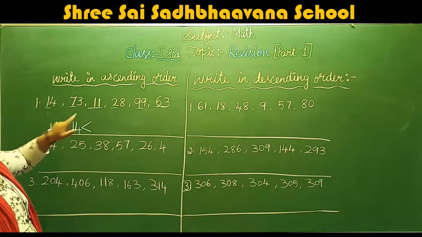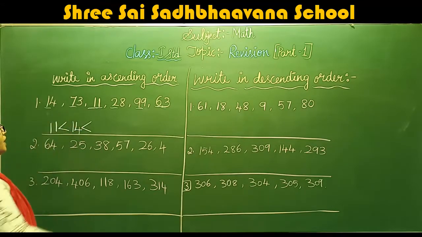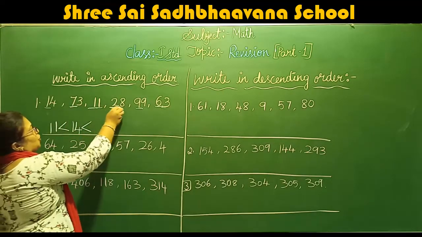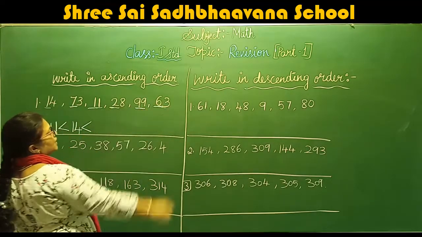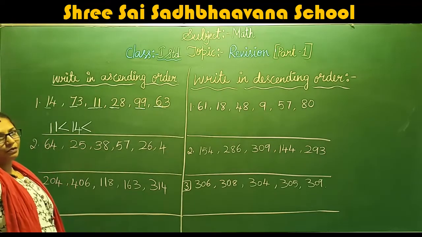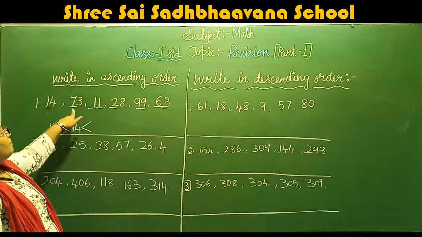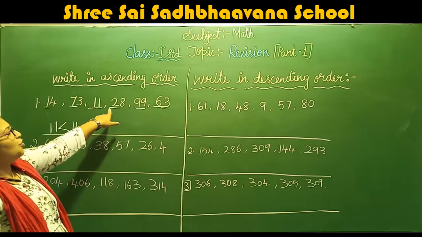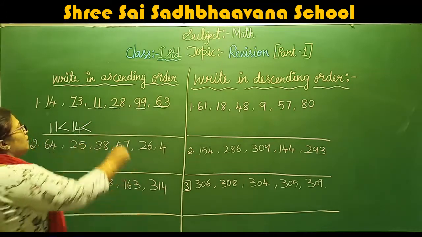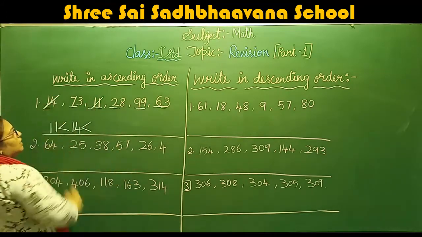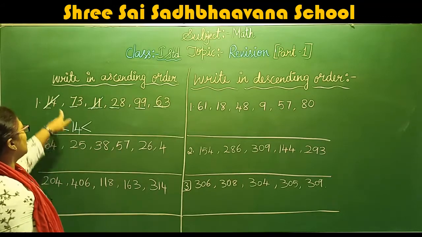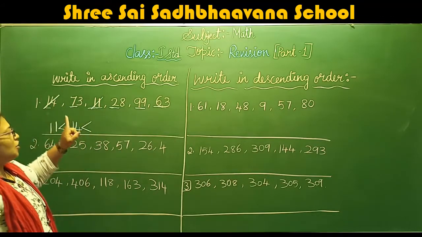Now next we have to see 7, 2, 9, 6. This is finished and this is finished, you cancel them.